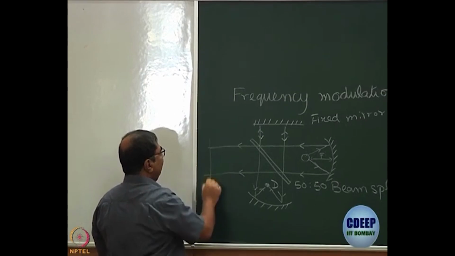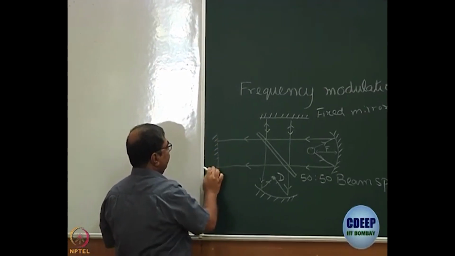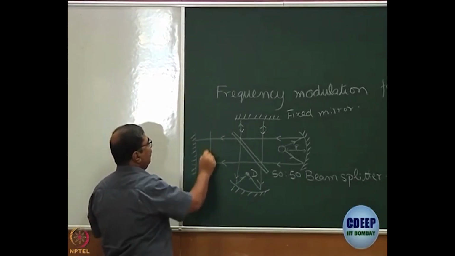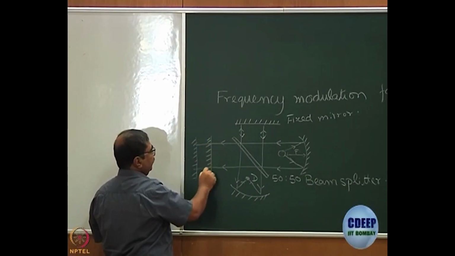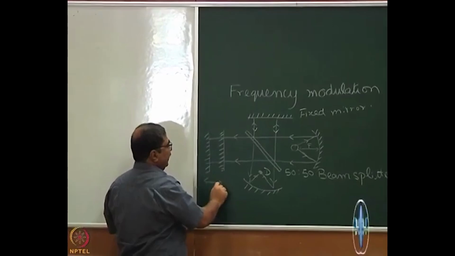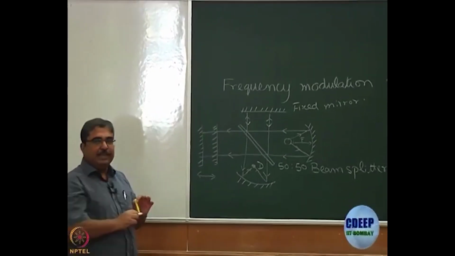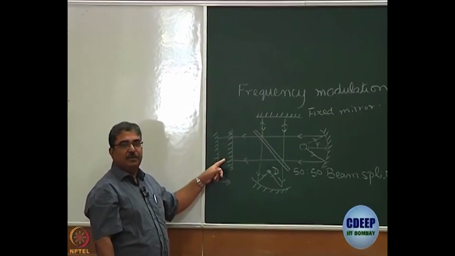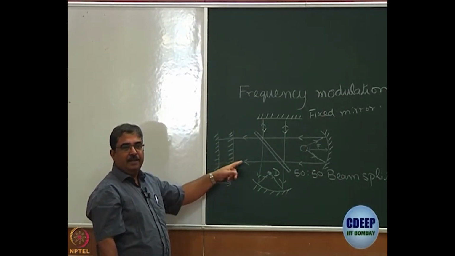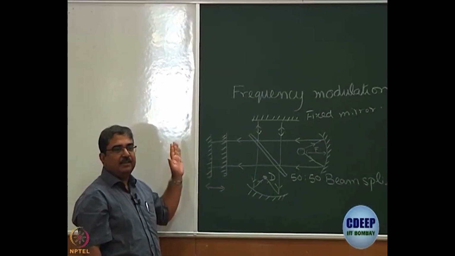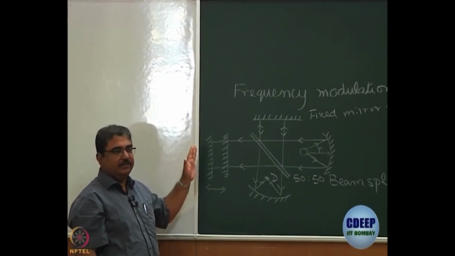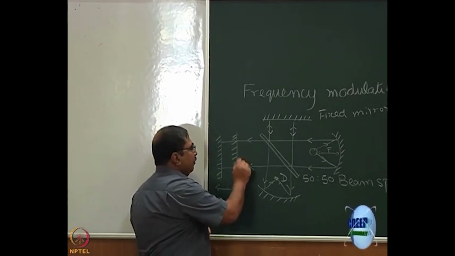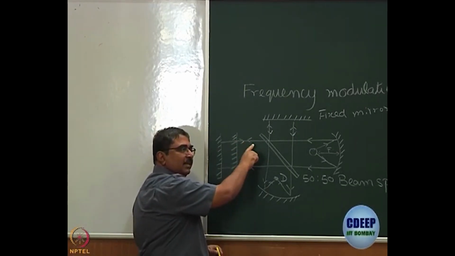What we have on this arm is a movable mirror, a mirror that can move back and forth, and once again this movable mirror is kept so that the angle of incidence is 0. The beam strikes this mirror at 90 degrees, okay. So far so good. So, what will happen? Even this beam will go back exactly in the same direction that it came from.